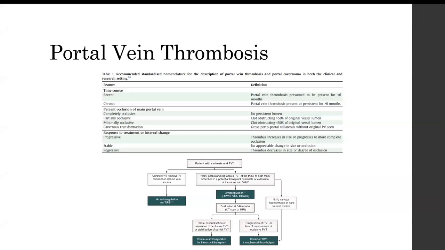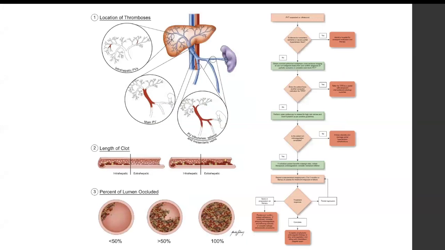So there are various classification systems for portal vein thrombus. The things to think about are the time course, the percent of the occlusion, and then I guess response to treatment. Actually, we're treating one today, but we have a whole workflow at Yale about how to approach portal vein thrombus.